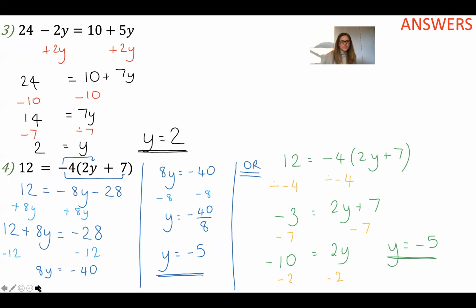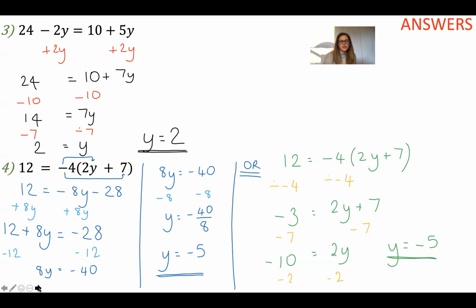Question 3. Again, pause at any time if you need more time, if you need to go back. We've got y on both sides. So ideally, I want my y to be positive. So I'm going to add 2y to both sides rather than subtracting 5y from both sides. So I've added 2y to both sides. I've got 24 on the left-hand side and 10 plus 7y on the right-hand side.